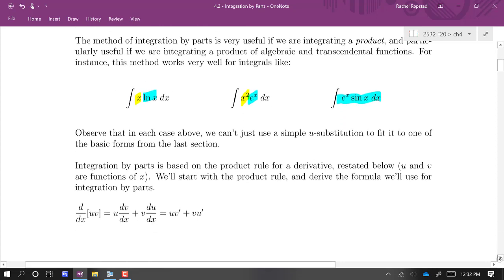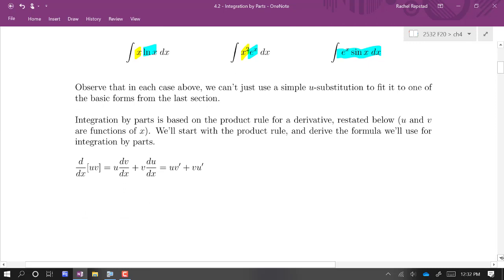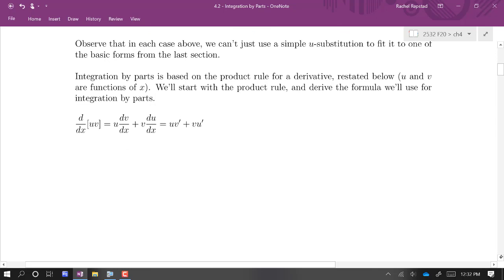So we'll begin this section by just deriving Theorem 9, what we know as integration by parts, and it comes from the product rule in differentiation.